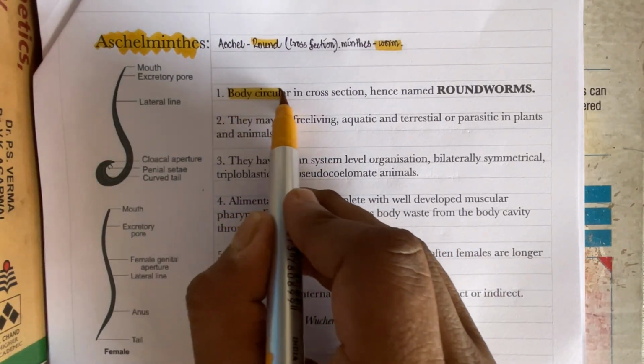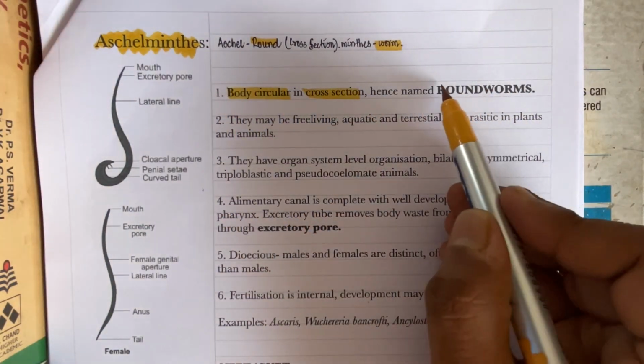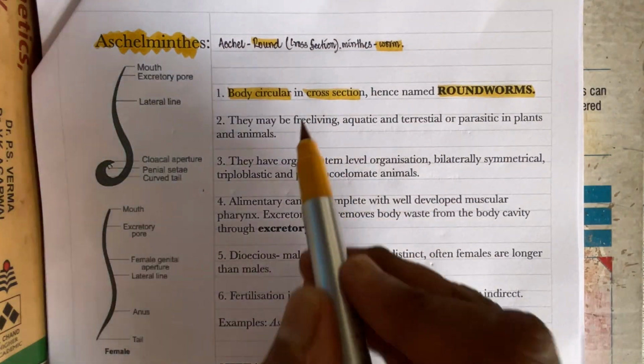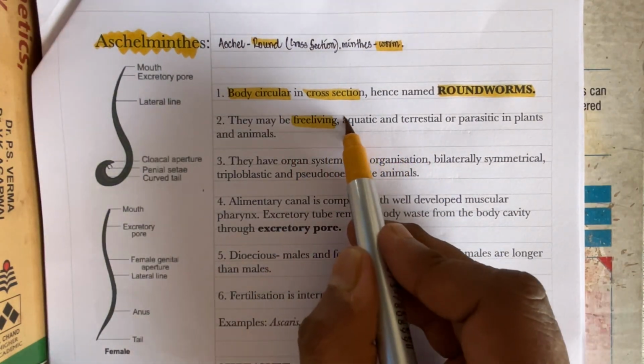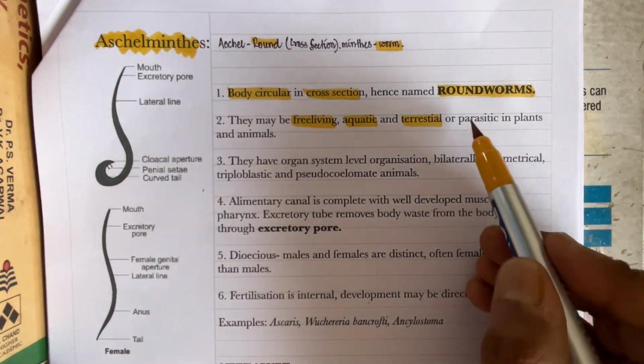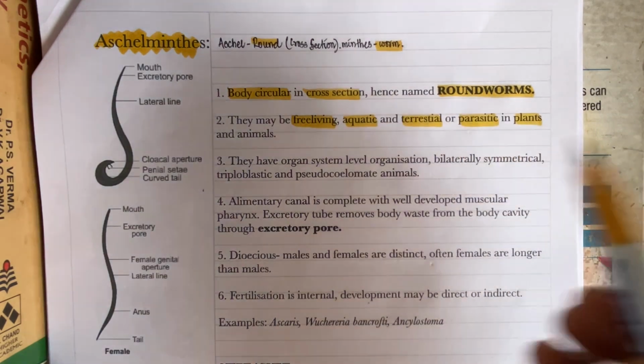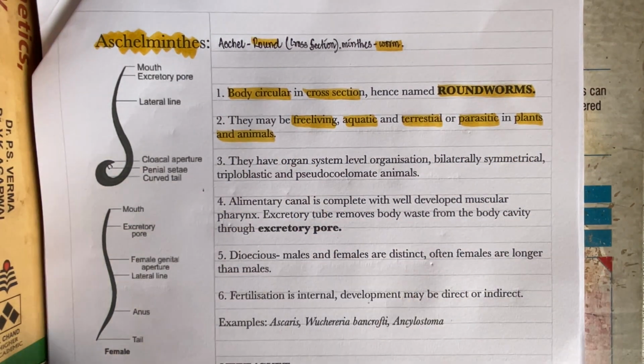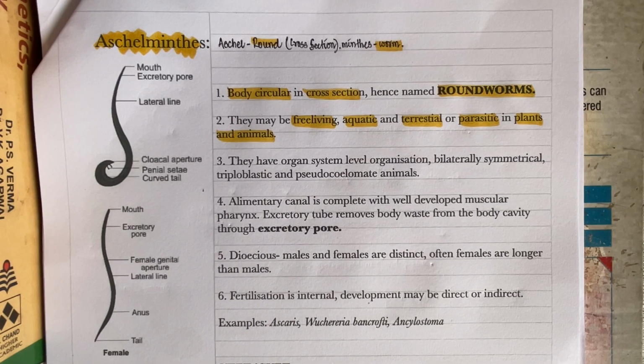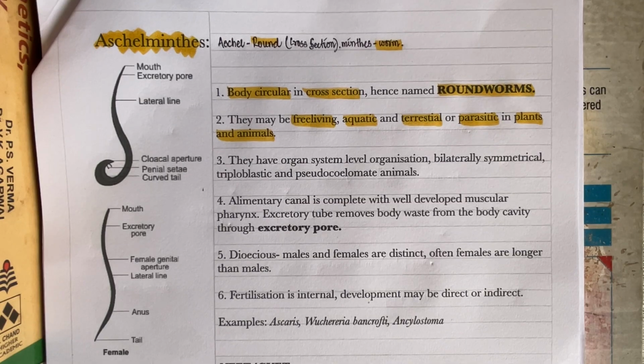Their body is circular in cross section, and hence they are called roundworms. They may be free living, aquatic, terrestrial, or parasitic in plants and animals. So they can be free living, aquatic, terrestrial, or parasitic in nature, in case of plants and animals both.